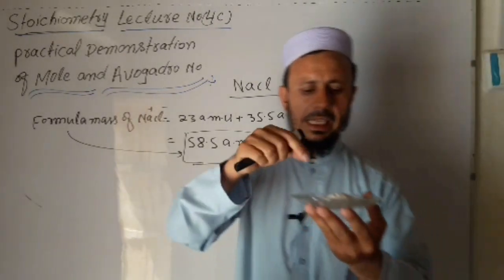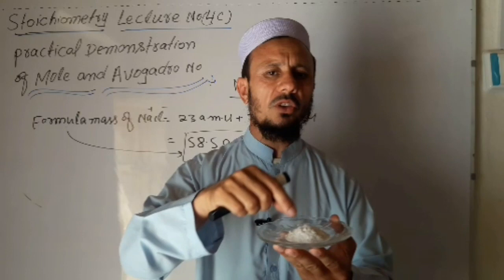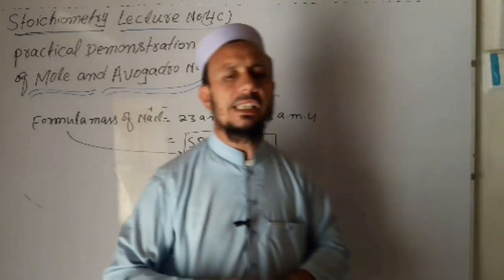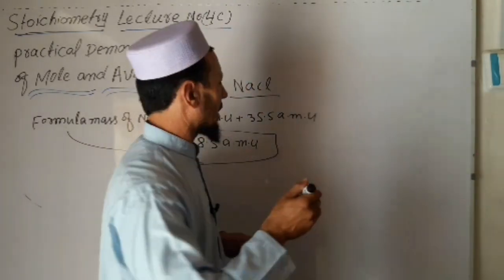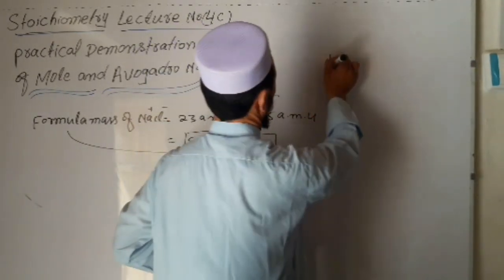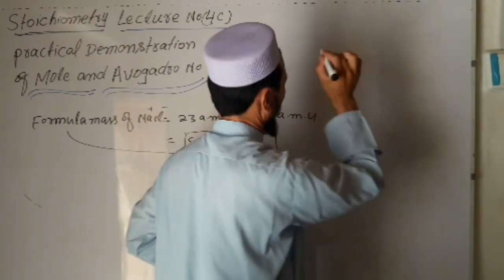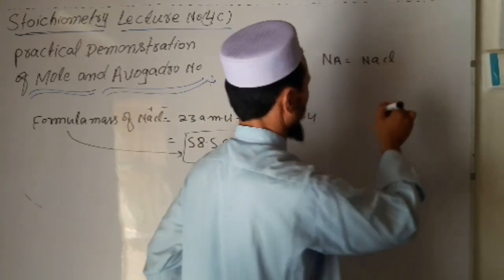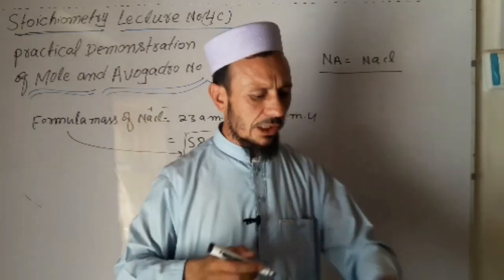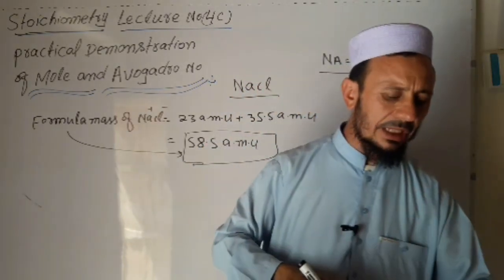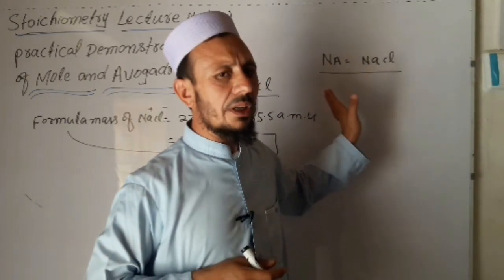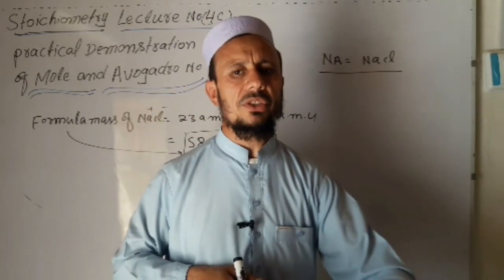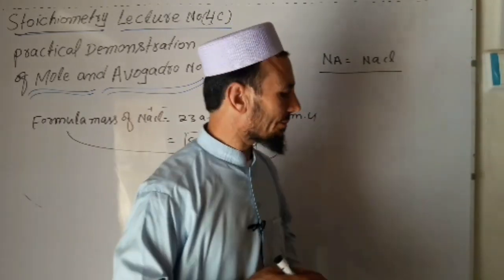Dear students, in this 58.5 gram sodium chloride, Avogadro number of NaCl units will be present, because it is 1 mole and 1 mole of a substance contains Avogadro number of particles. Here the particles will be sodium chloride units, which are called formula units.